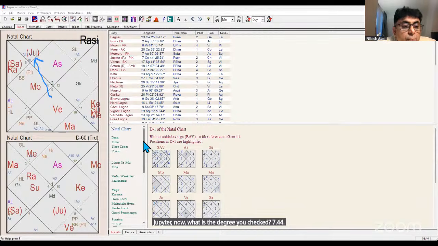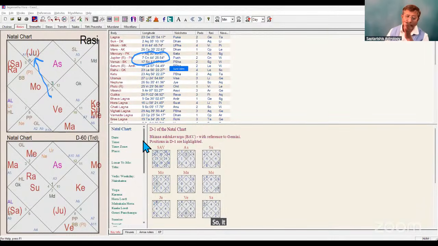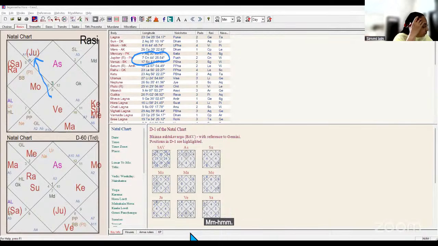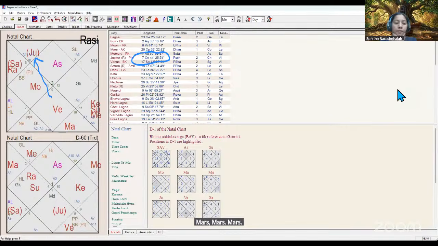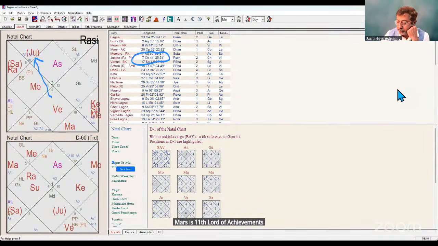So it has crossed 7.3 and gone into the next Kaksha. Everybody remembers the Kaksha table, or should I show? 11.2, Mars. Who is Mars? Mars is the 11th lord of achievements and incomes, correct?